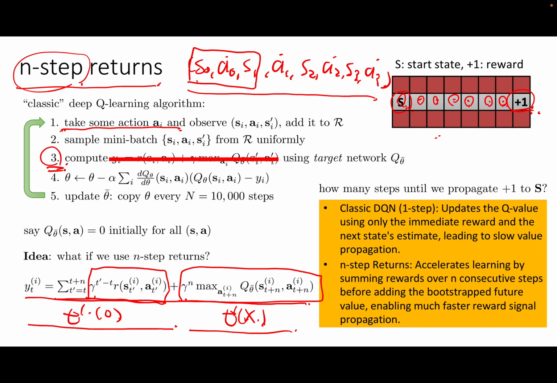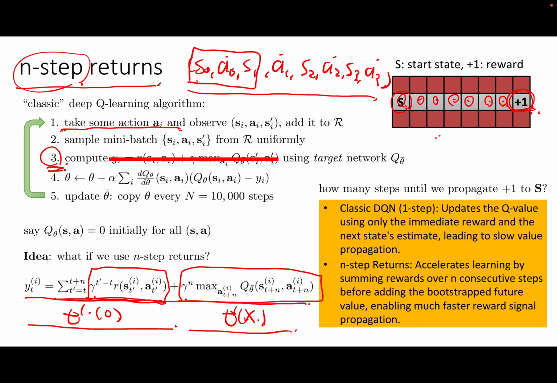But from a longer sequence of training data, we can compute the reward over the longer sequence, so that the knowledge that going right is beneficial can be propagated more quickly to our start state, making training faster. That is the philosophy of n-step returns.